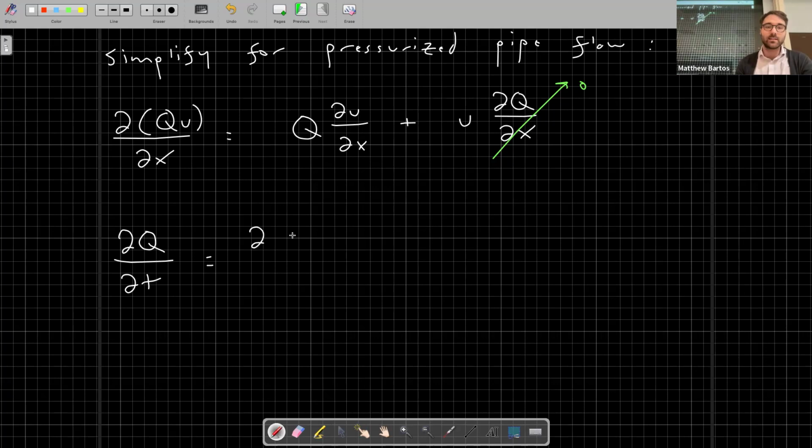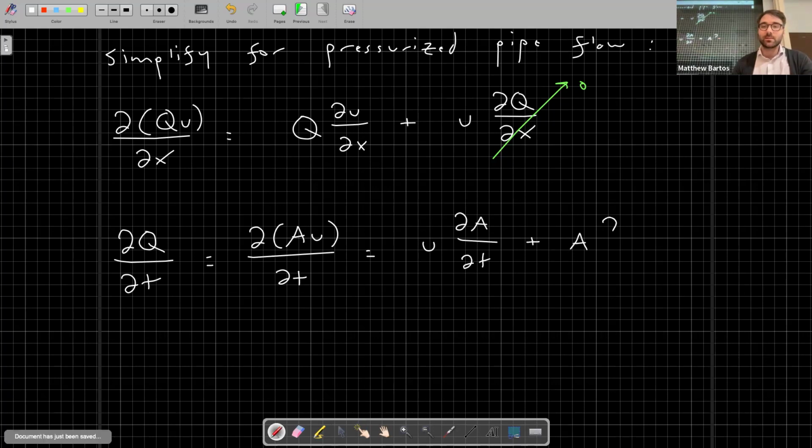So this is d(Au)/dt. We can apply the product rule just like in the first case. So we'll have u times dA/dt plus A times du/dt.